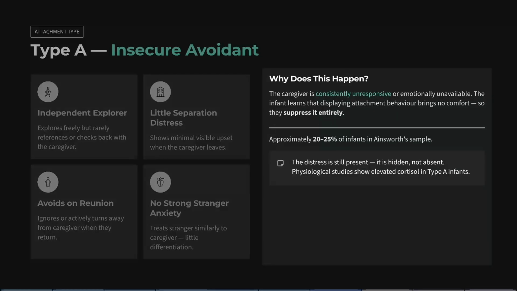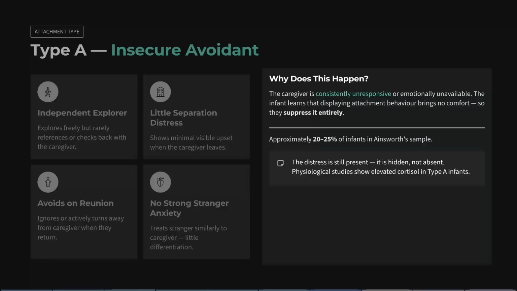So why does this happen? Well, here we explain the mechanism, and it is psychologically sophisticated. The caregiver of an avoidant infant is consistently unresponsive or emotionally unavailable. When this infant displays attachment behaviour, like crying, reaching out, seeking comfort, the caregiver does not respond warmly or reliably.